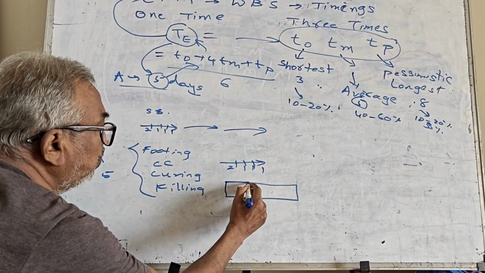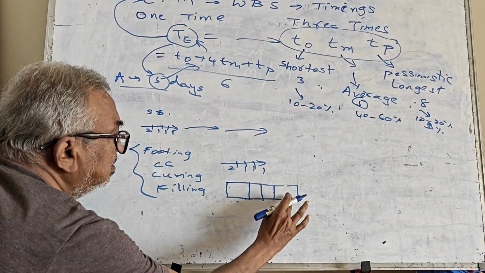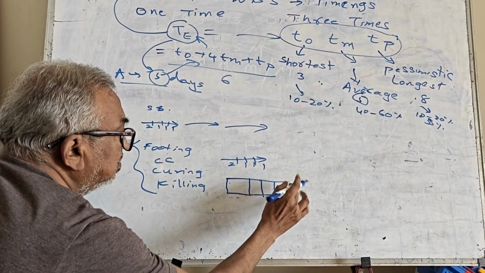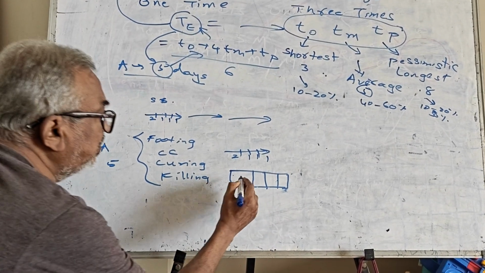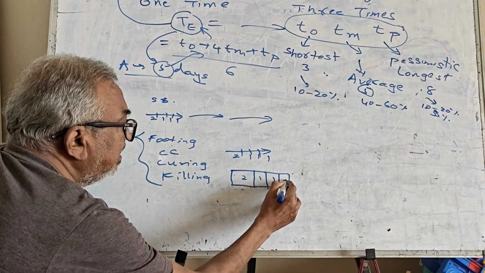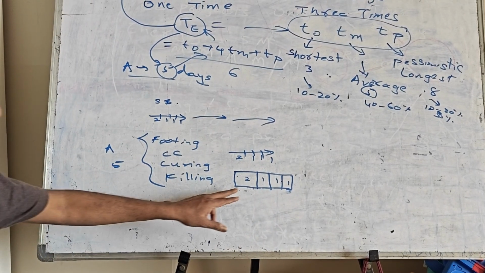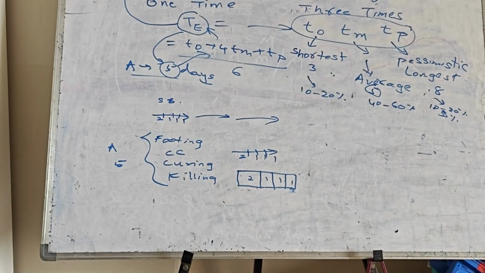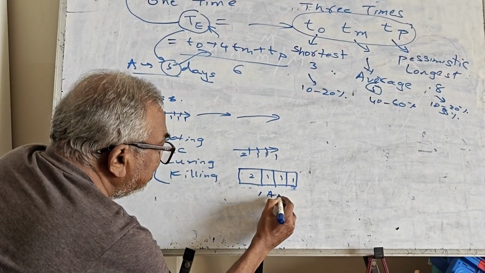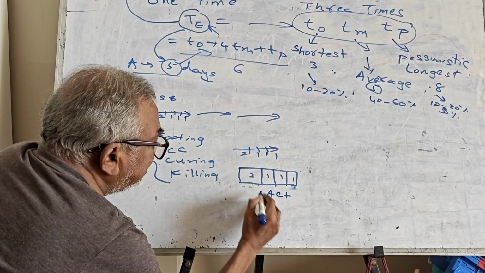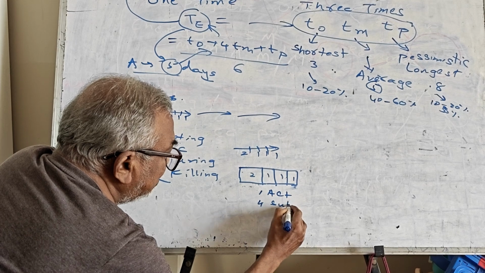In this you can put 2 days, 1 day, 1 day, and 1 day. That means I am taking 2 days here, 1 day here, 1 day here, 1 day here. This particular activity, I am trying to divide into different blocks. So one bar I am drawing, this one bar will be one activity, and this will be considered as 1, 2, 3, 4 sub activities.